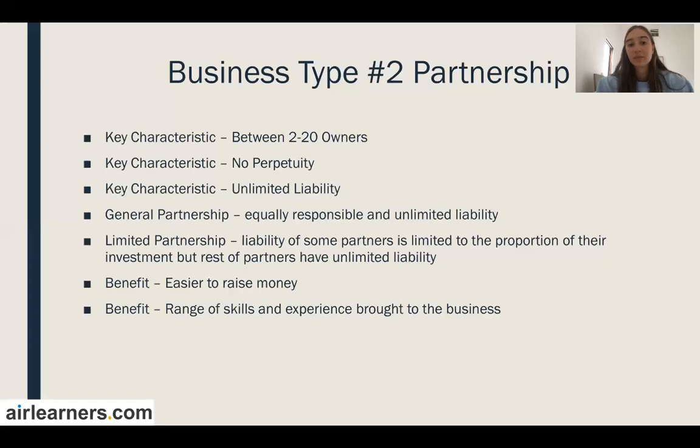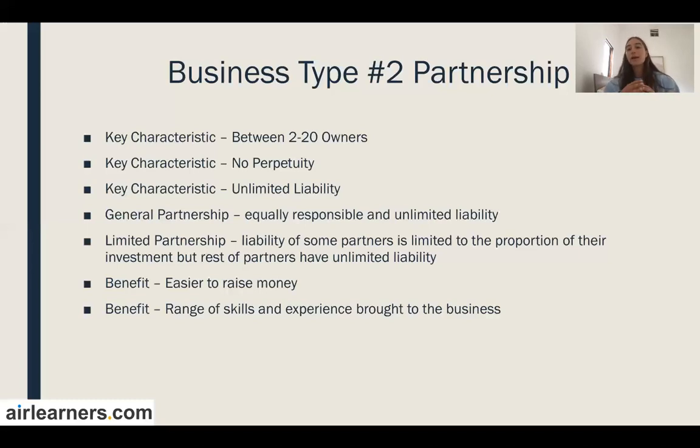There are 2 types of partnerships that are good to know, but not essential, just for some extra knowledge. So we have a general partnership, which is where every single owner of the 2 to 20 is equally responsible for all the debts. So if there's 20 owners, the debts are divided by 20. The other type of partnership is a limited partnership, which means that some of the partners have a very limited partnership.